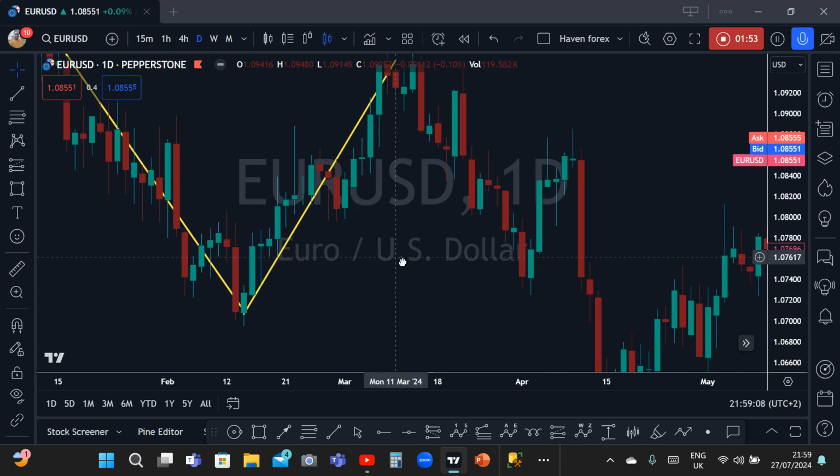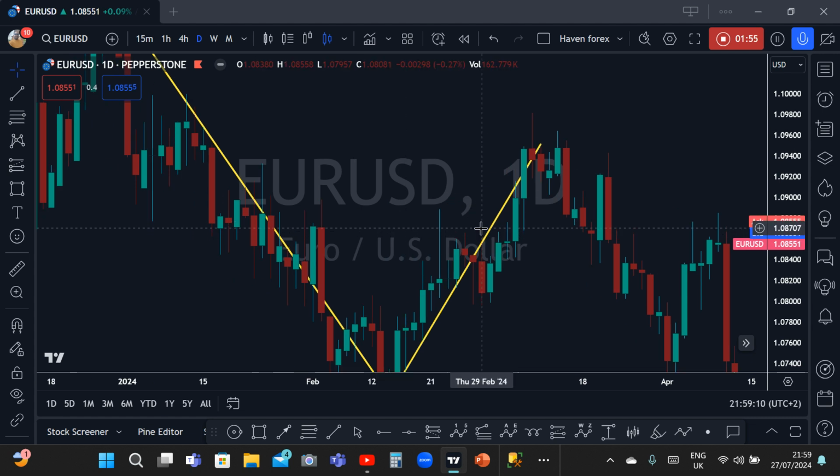All right. So now, when you open your chart as a professional trader, the question you should ask yourself is, what is price action doing at this moment? Which level are we presently?